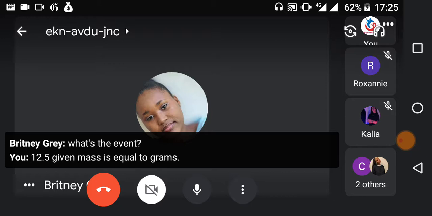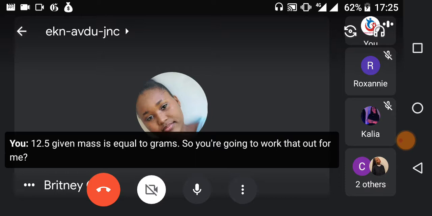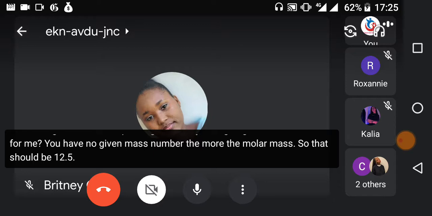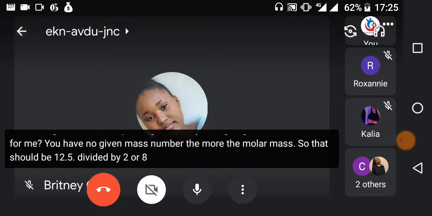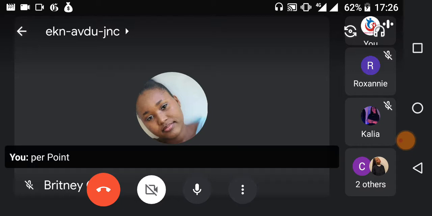You have now the given mass and you have the molar mass. So that should be 12.5 divided by 208. 12.5 divided by 208. And give your answer to 2 decimal places.